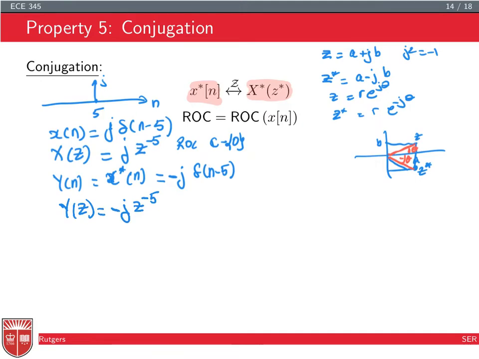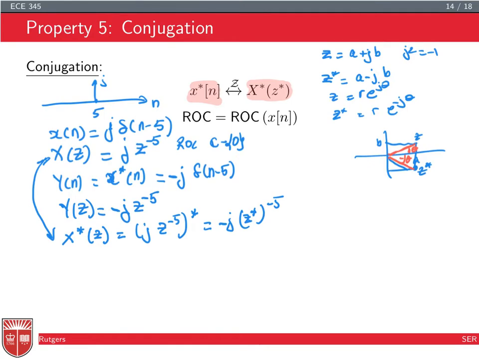And now, if you look at the formula, what does the formula say? Let's take X star of z. X star of z is going to be the conjugate of j z to the power minus 5, the conjugate of all these terms. So it's the conjugate of j, which is minus j, and the conjugate of z to the power minus 5, which is z star to the power minus 5.